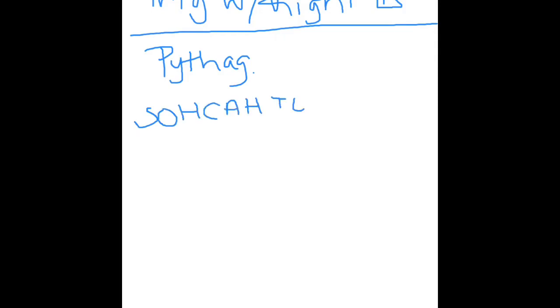First things first, we're going to be looking at Pythagorean theorem and SOH CAH TOA. Your only prerequisites at this point would be knowing how to reduce fractions and also being able to square numbers and isolate variables.